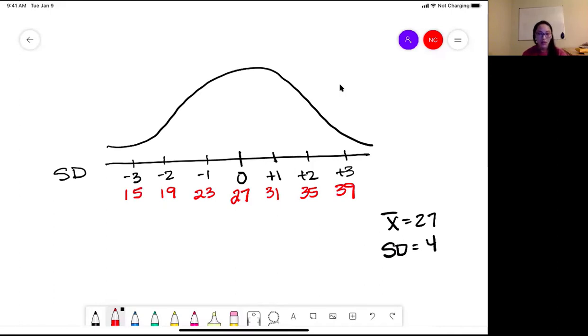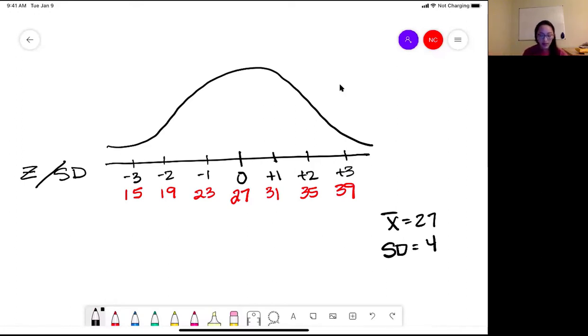On your exam or quizzes, whenever you're constructing your distributions, you can construct them either way. Standard deviations also translate into z-scores because they are interchangeable in terms of the numbers 1, 2, and 3.